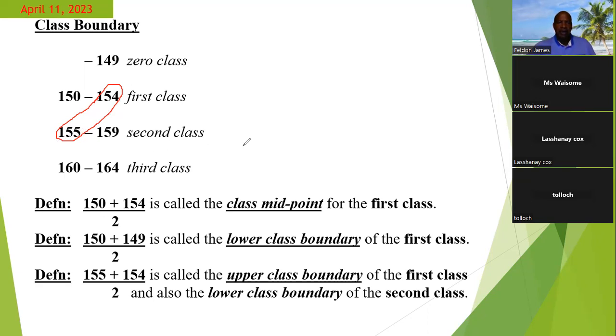Now, we have what we call the class midpoint. The class midpoint is in the middle of the class. If we want to find the middle of the class, how would we do that?